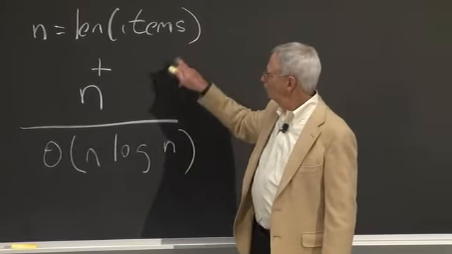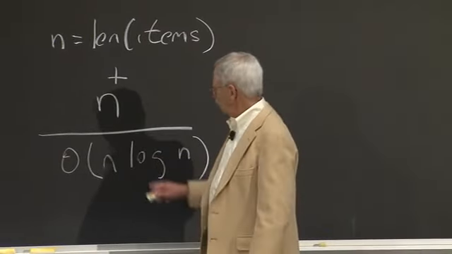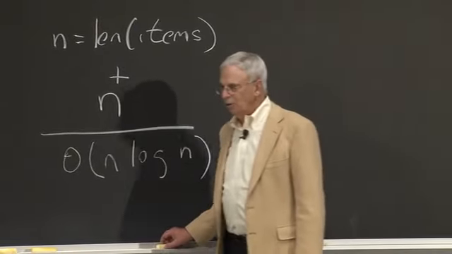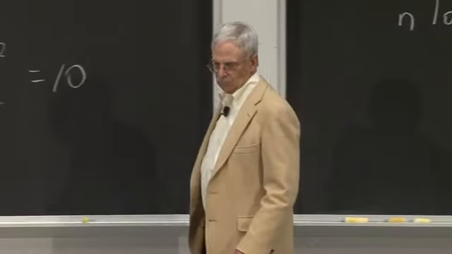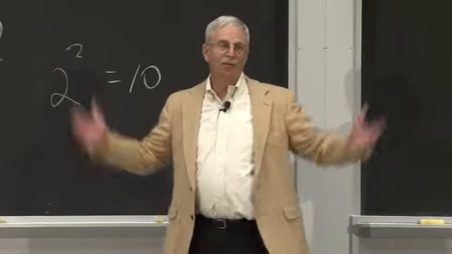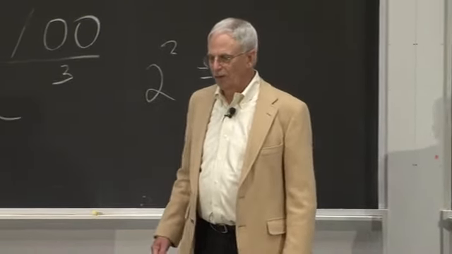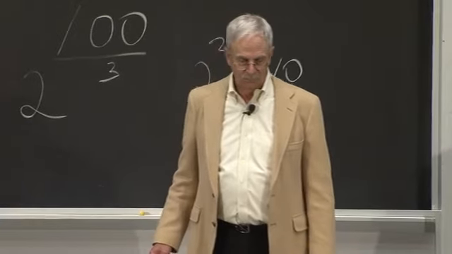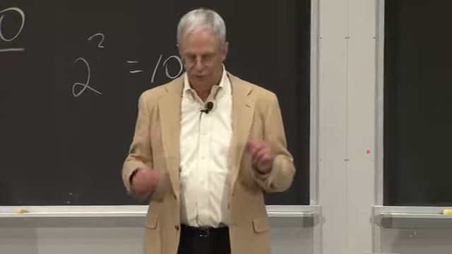N log n plus n, I guess, is order n log n, right? So it's pretty efficient. And we can do this for big numbers, like 1 million. Right? Log of 1 million times 1 million is not a very big number. So it's very efficient.